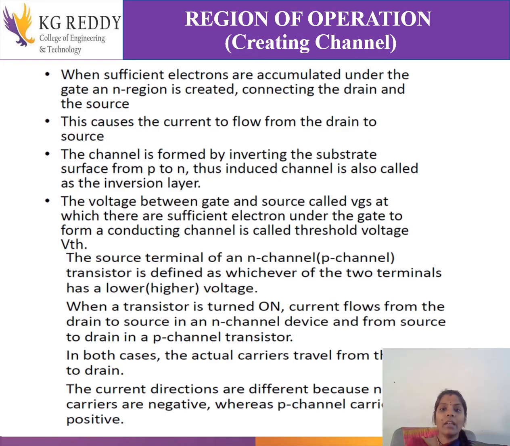So now, here we could see the region of operation while creating a channel: when sufficient electrons are accumulated under the gate, an N region is created. As I said, these electrons are accumulating from the source and drain regions. So the N region is created, connecting the drain and the source, and that forms a path.